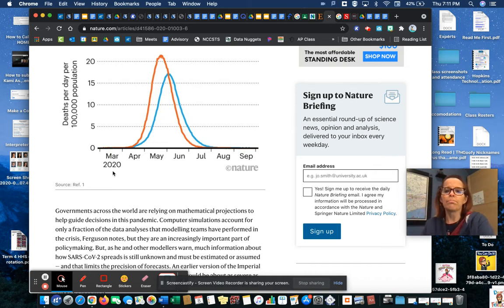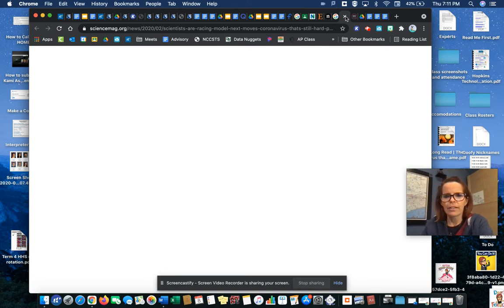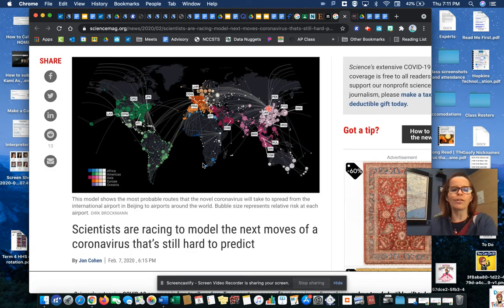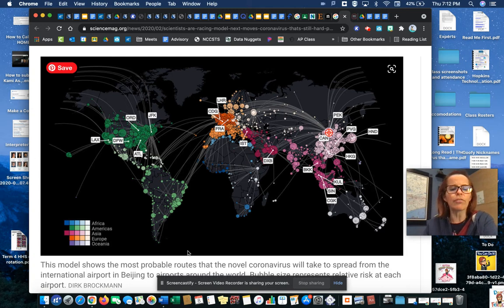So they were predicting a surge in the virus. Let me look at this one here really quickly. I'm sorry that it's loading so slow. My computer's going slow. This one was from February 7 of 2020, so more than a year ago. They used a computer model to simulate how the disease was going to spread around the world.